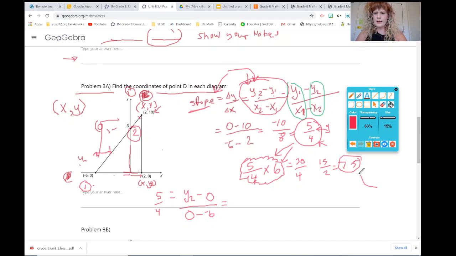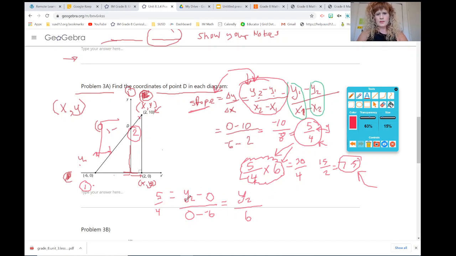When you solve that, you're going to get the answer that I showed you first when I did it really fast in my head. You're going to get y2 minus 0, so that gives us y2, divided by a +6 equals 5/4.